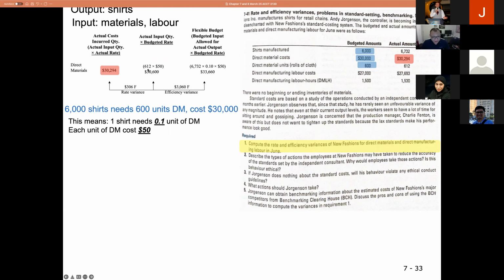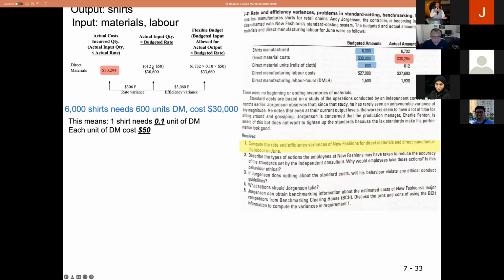So that means when you compare this to this, the actual, this is a better number, so you have a favorable variance. So what we are saying is, to make 6,732 units, you're going to need 673.2 rows, right?